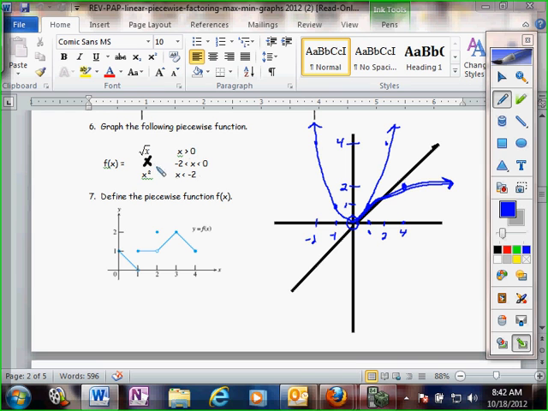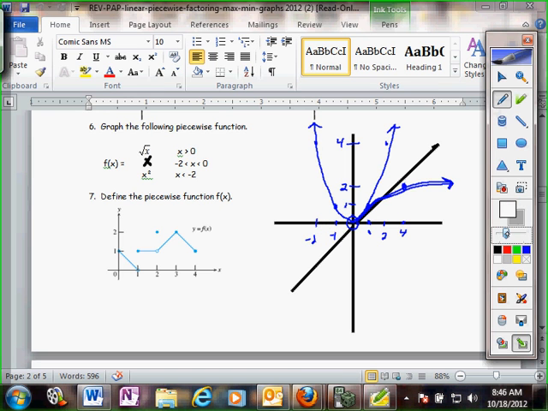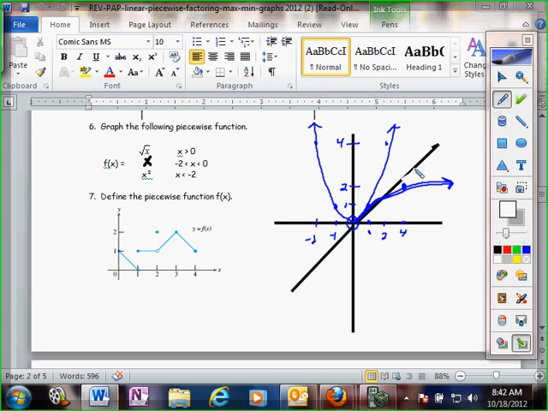And then for the line y equals x, this line here, I can't erase it because I made this bold line. So I hope you can just see what I'm going to do here. It's only from where x is greater than -2 and less than 0. So that's back here, greater than -2 and less than 0. So what I've got is all this stuff up here. I don't want this.